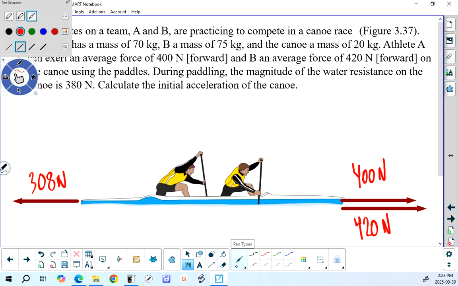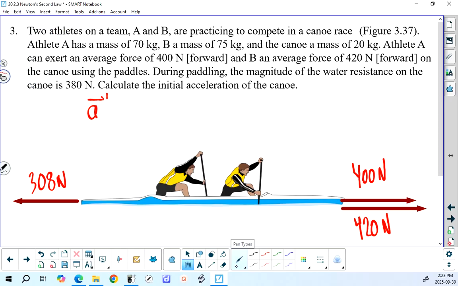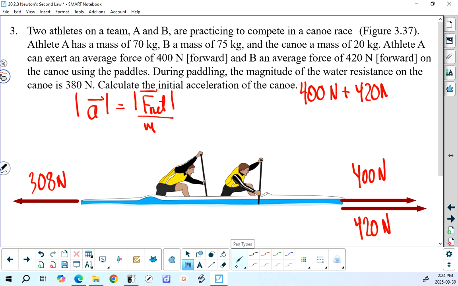So what is the acceleration? It's the net force divided by the mass. Well, what is the net force? The net force is the sum of all of those forces. This is not a difficult calculation. We're going to take the 400 newtons, add the 420 newtons, and take away the 380 newtons because we're adding vectors that are in opposite directions.